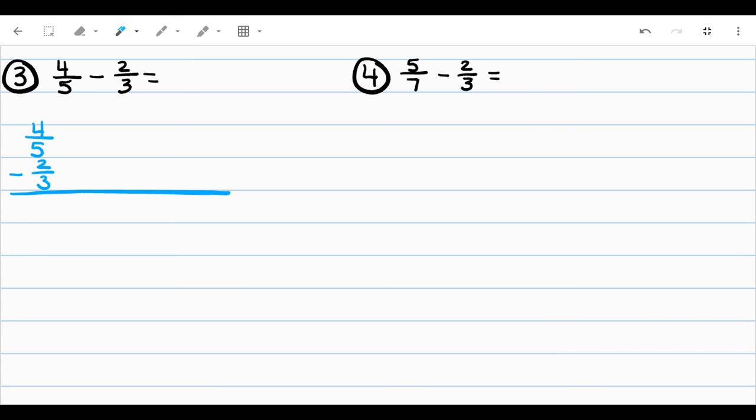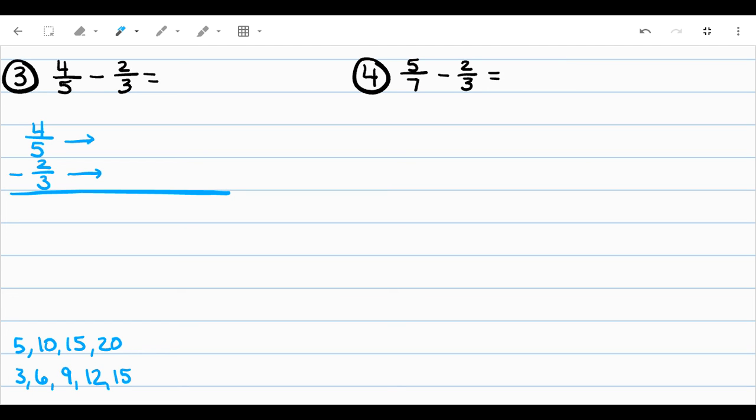Now, I want to rewrite these fractions with the same denominator. So I need to find the least common multiple or least common denominator. If I list my multiples of 5, I have 5, 10, 15, 20. And my multiples of 3 are 3, 6, 9, 12, 15.